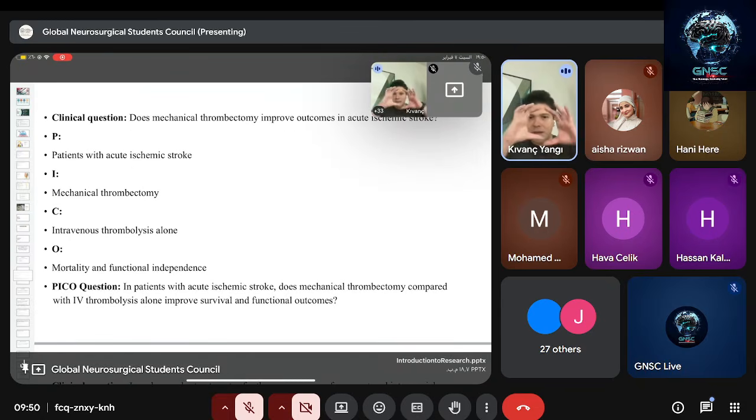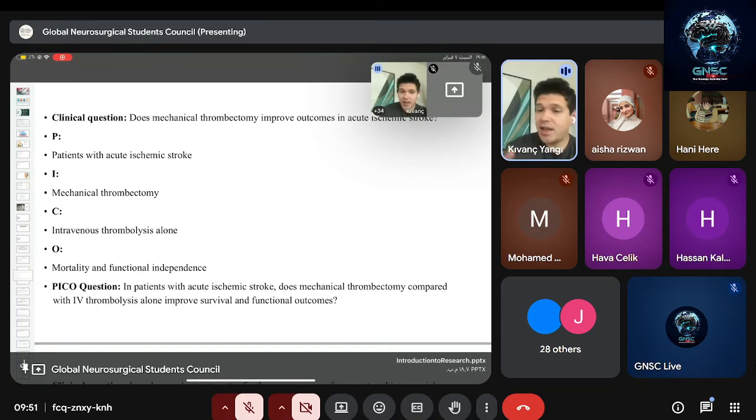Again, please see them as simple examples. These examples are just for you to understand the concepts. Does mechanical thrombectomy improve outcomes in acute ischemic stroke? So your patient population should be patients with acute ischemic stroke. Intervention will be mechanical thrombectomy.